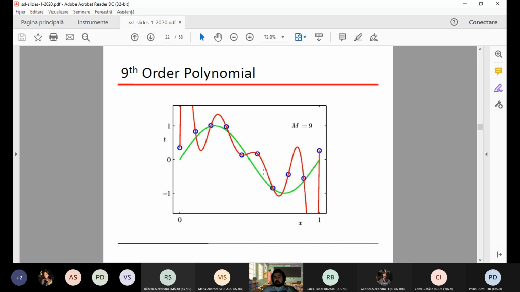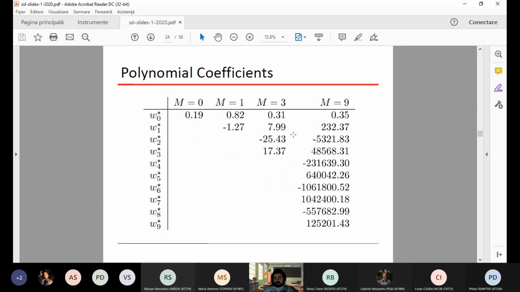And if we take a look at the parameters in each of these cases, when you have underfitting, you have very small values. You see 0.19, 0.82, and so on. When you have a good estimator, you have decent values for the W's. But when you have overfitting, you have very huge numbers here.